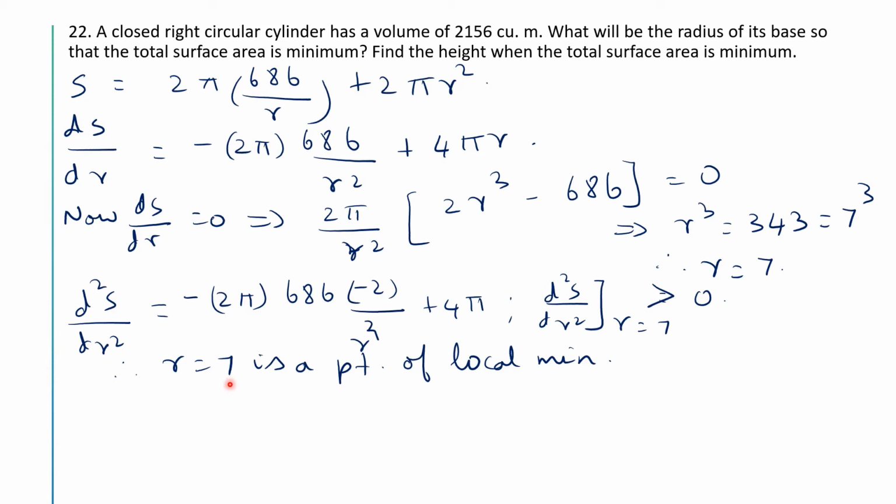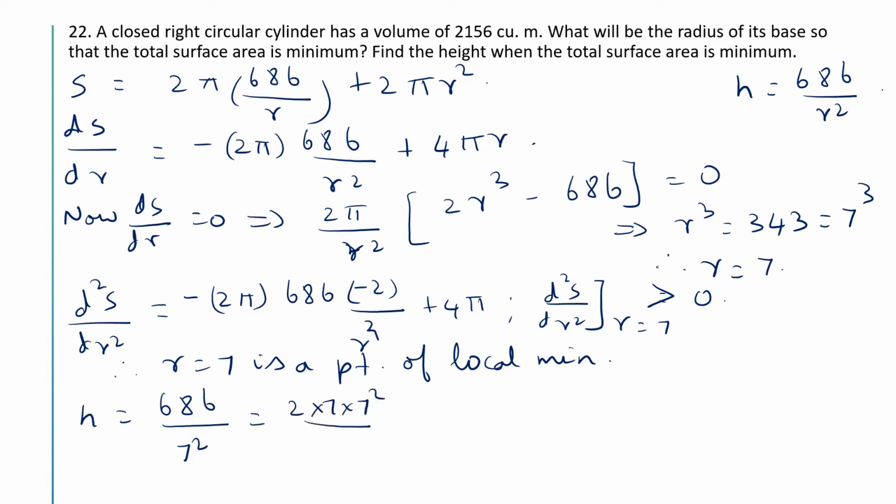Now we'll find the height. So initially we have taken height as 686 by R square. So height is equal to 686 divided by 7 square. So this is nothing but 2 into 7 square by 7 square, or it is equal to 14.